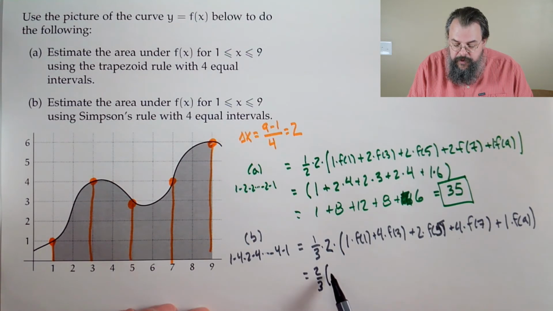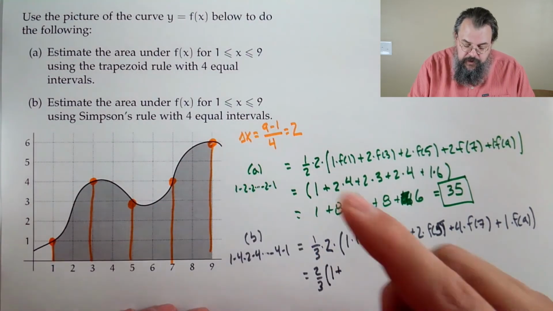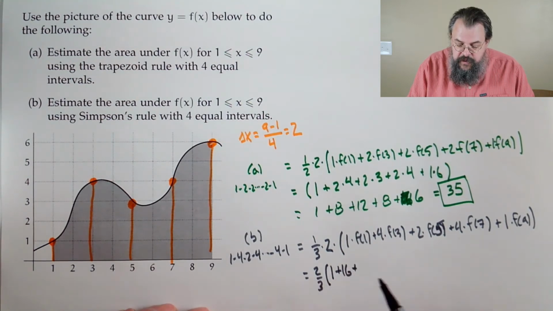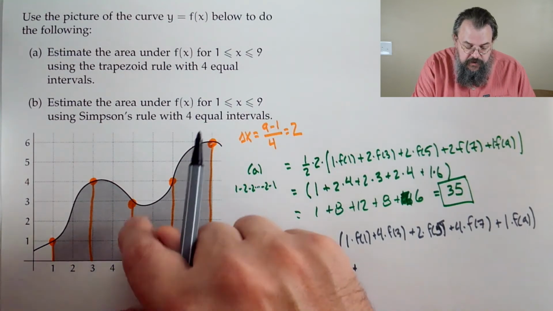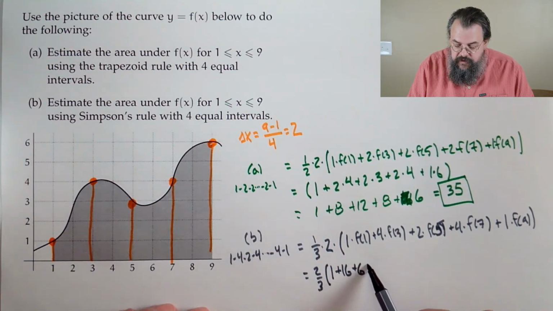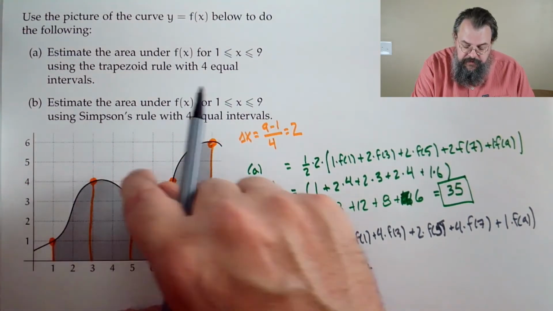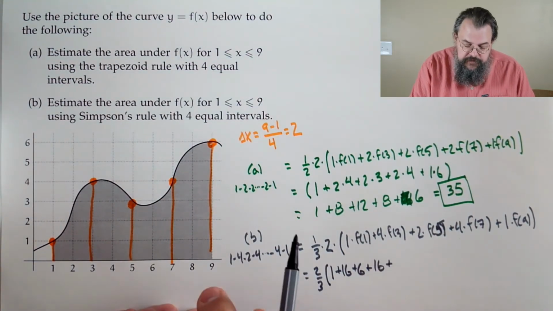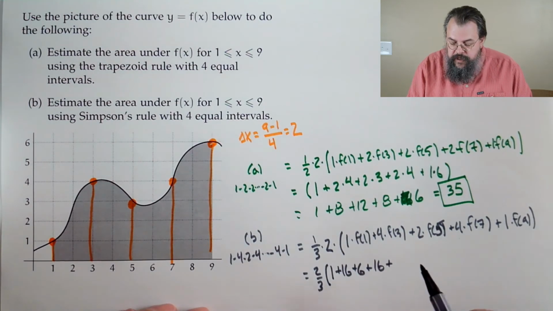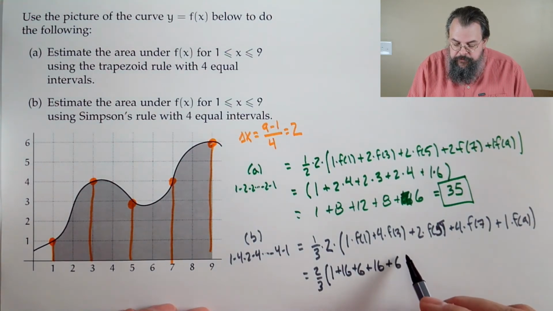So 1 times f of 1 is 1. 4 times f of 3, well, that's 4 times 4, 16. 2 times f of 5 is 2 times 3, which is 6. 4 times f of 7, that's 4 times 4, which is 16. And then f of 9, well, that'd be 6 again.